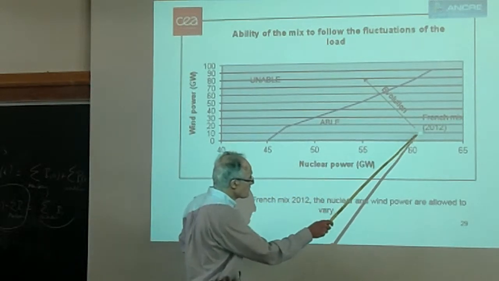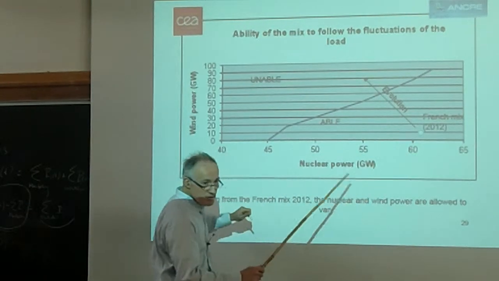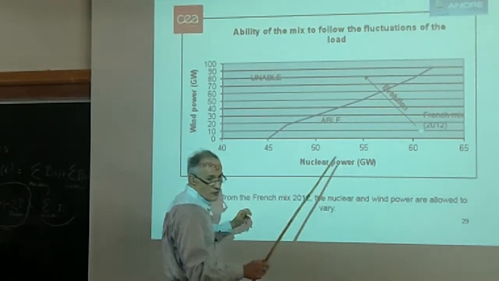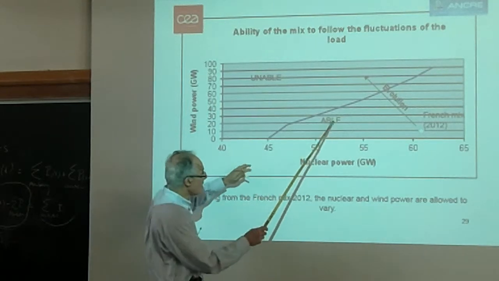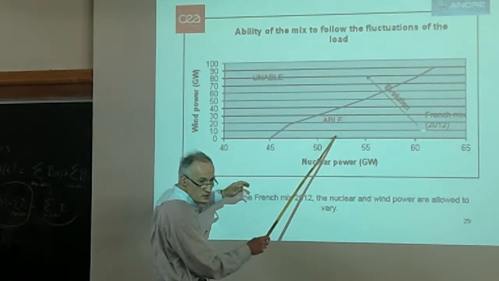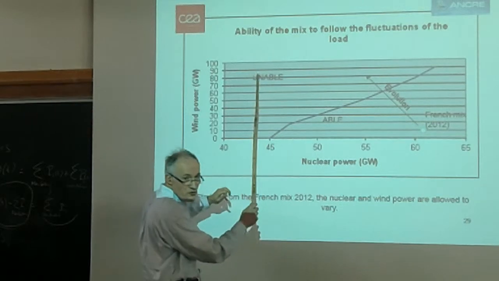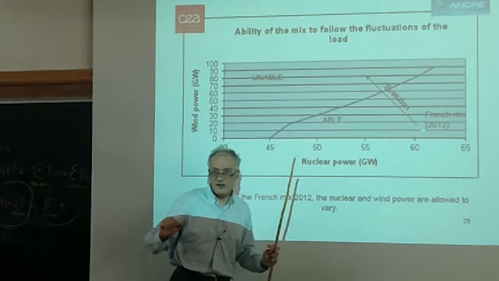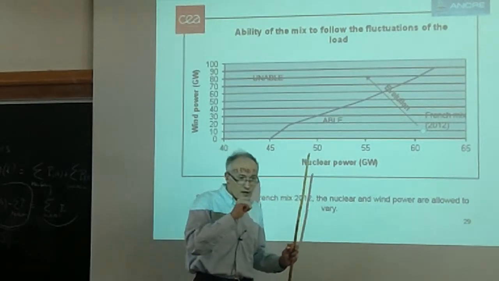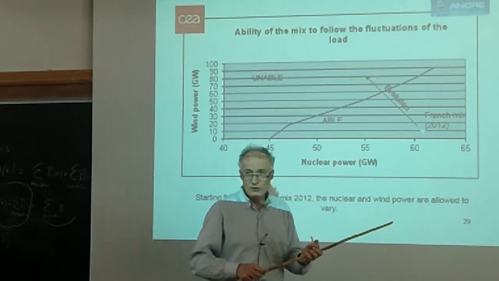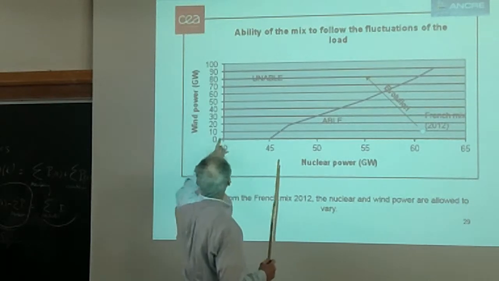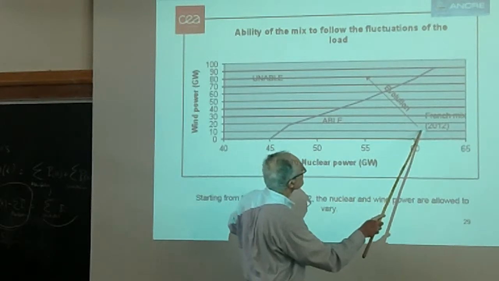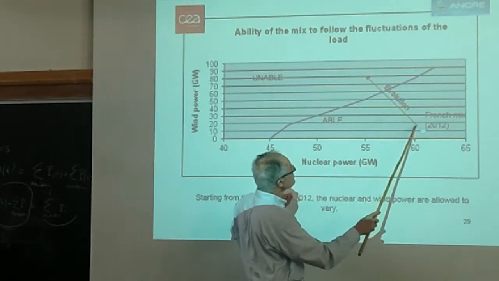The position of the French mix 2012 is here, and this line is the frontier between the mixes that are able to follow the fluctuations and the ones which are unable to follow the fluctuations. We are here, so we satisfy the request hands down, no problem. But if we respect the ordonnance of the good Dr. Holland, we shall increase the wind power and decrease the nuclear power, and therefore the evolution will go this way.